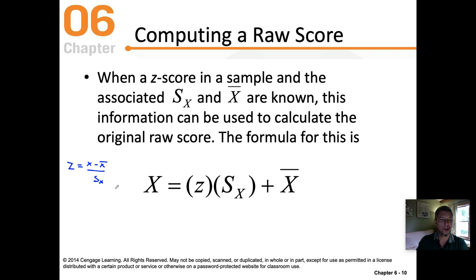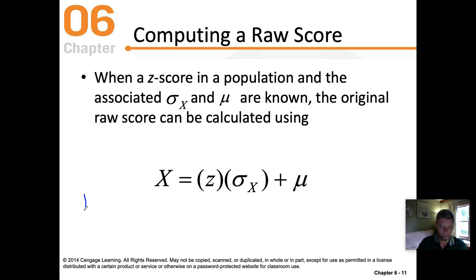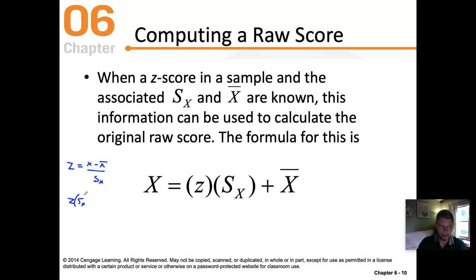Now remember, the original formula was z equals x minus x bar all over s sub x. If I want to rearrange this formula, the first thing I do is multiply both sides by s sub x, and that gets rid of the s sub x on the left, and you're left with just x minus x bar.